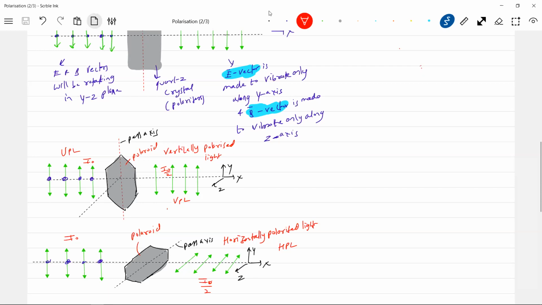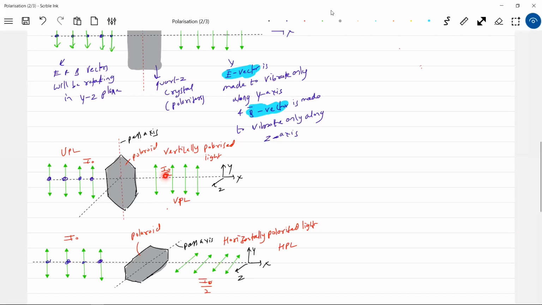Okay, completed. So you may ask, sir, I'll stand here. Do I see any polarization? Means, will I see that E bar vibrating along the y-axis? Sir, now I'm seeing E bar vibrating along the z-axis. No, you don't see anything.